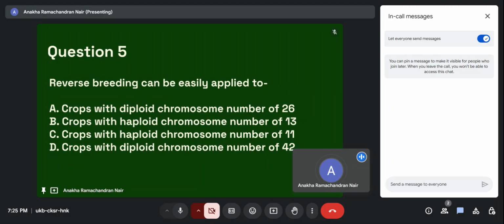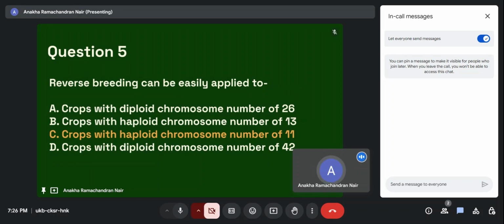And option D is crops with diploid chromosome number of 42. So if you remember from one of the modules that Sir had taken, he had mentioned that reverse breeding is easily applied to a certain chromosome number, right? So let's see what the correct answer is. The correct answer is crops with haploid number of 11.